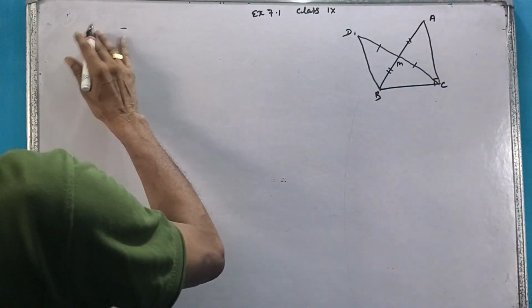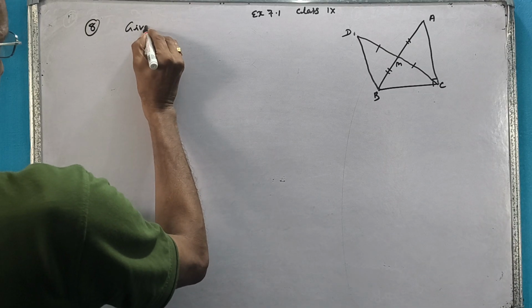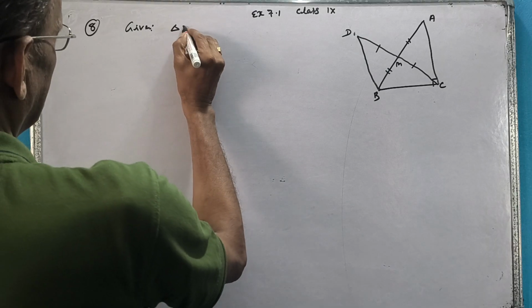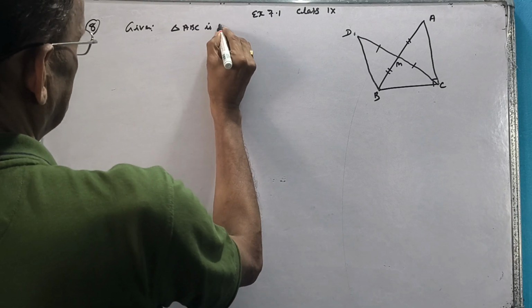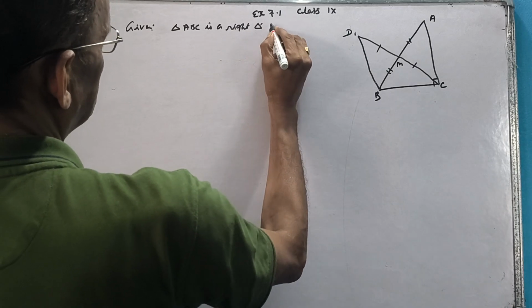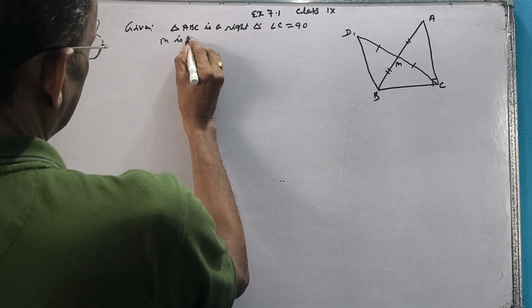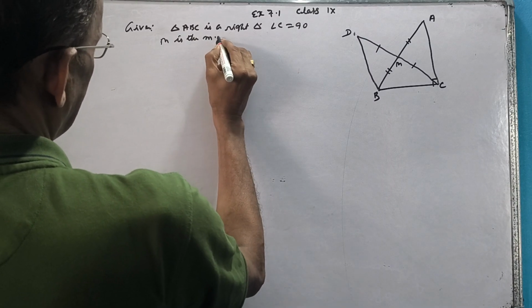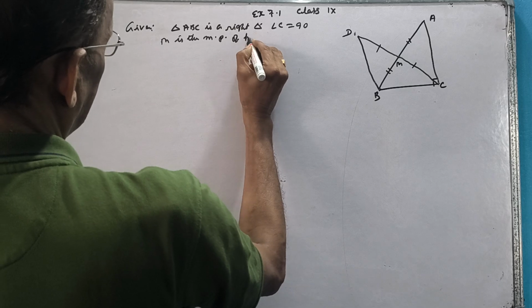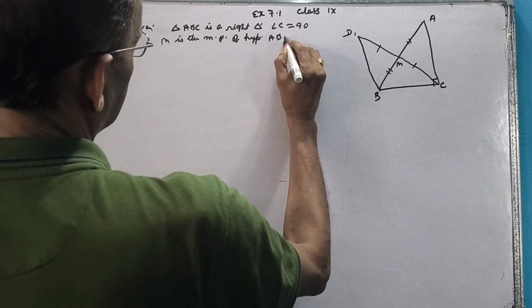That's all. This is the diagram. What is given? Write down number 8. Given: triangle ABC is a right triangle, angle C equal to 90 degrees. M is the midpoint of hypotenuse AB.